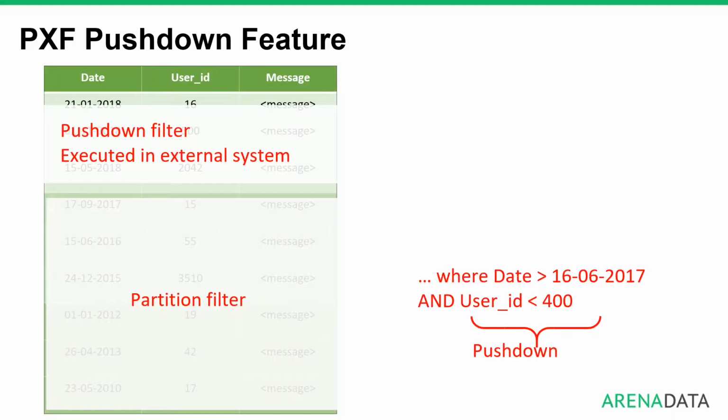And the second feature: when you query, for example, a complex filter, where the date is more than something and the user ID is less than something, this filter criteria is currently transferred to the external system, which queries all necessary data, for example where the user ID is less than 400, and then this system returns to Greenplum only the information with such criteria.